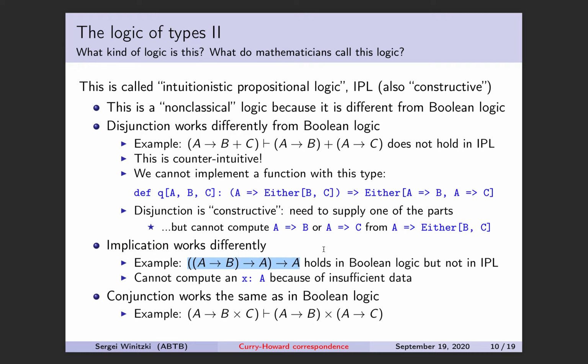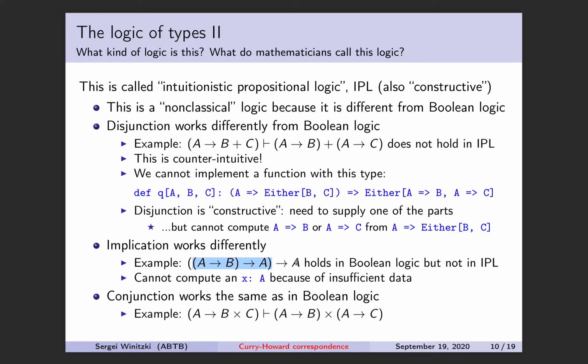Here's a formula which is true in Boolean logic. It is not true in constructive logic. Again, we cannot write code for the function that returns an A given this higher order function. This higher order function could return an A if we gave it an argument of this type, but we cannot make an argument of this type. So we could never call that function.